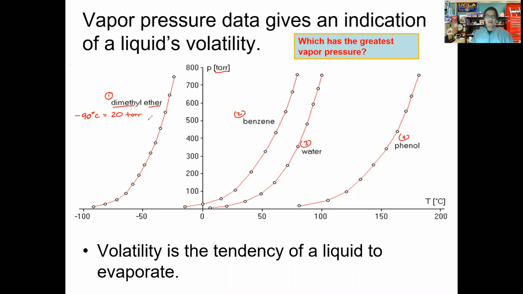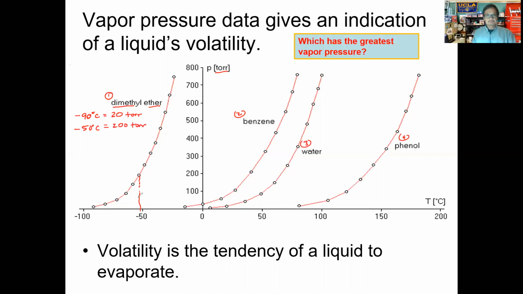Going on to the next point, let's take a look at negative 50, about negative 50 degrees Celsius. There the pressure has climbed up to 200 torr.